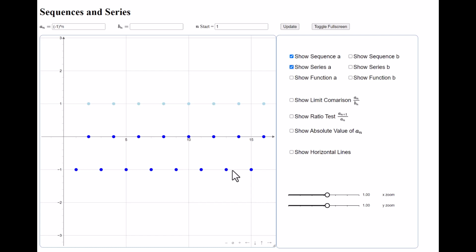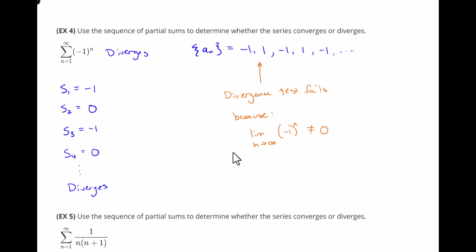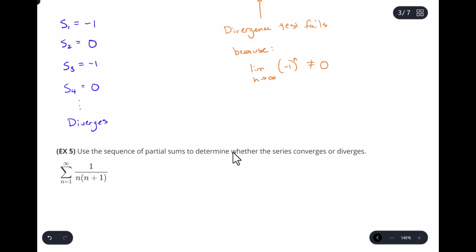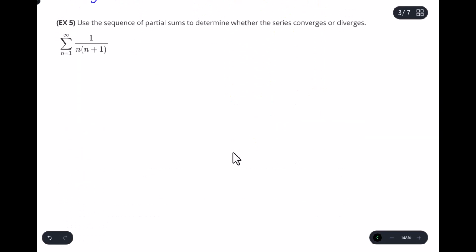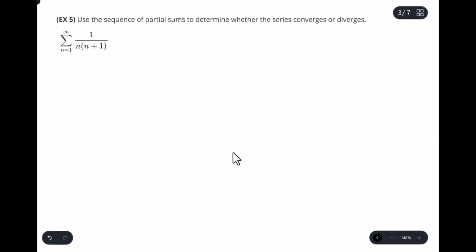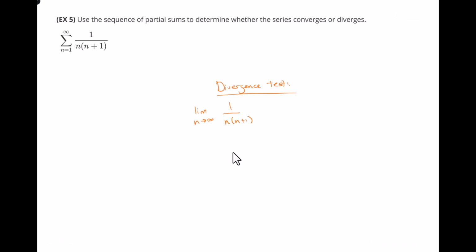So definitely a divergent series. All right, let's look at another one that's got a little more chance here, because this one failed the divergence test from the get-go. This next one, if I do the divergence test, let's take a look here. We have 1 over n times n plus 1, and I want the limit as n goes to infinity of those sequence terms.